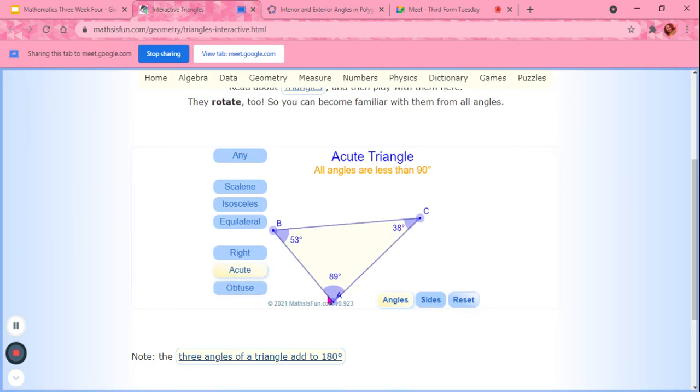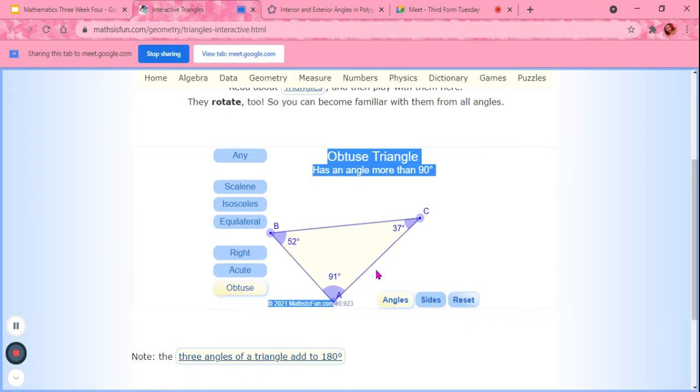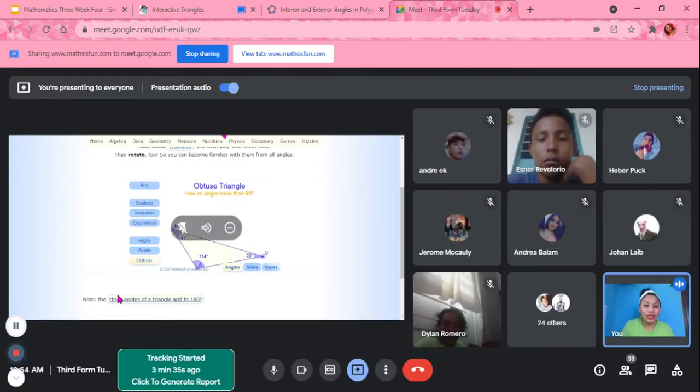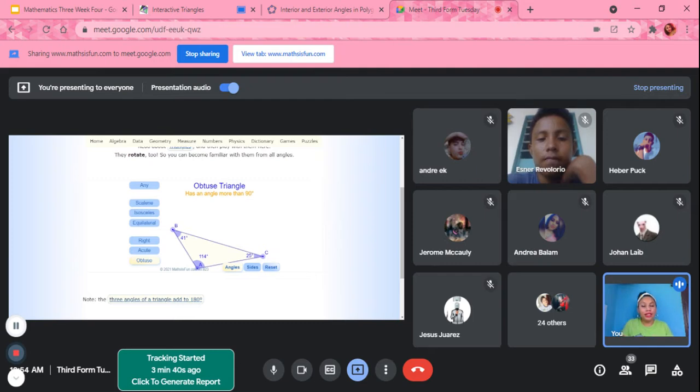None of them could be 90 or more than 90 because it no longer will be an acute. And then when we talk about an obtuse, we have one angle that is bigger than 90 degrees, for example 91, and this one angle determines that it is an obtuse triangle. All right, so those are the six triangles that we talked about yesterday, three of them by side and three of them by angle.